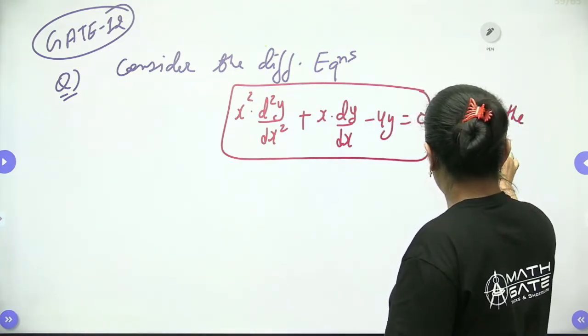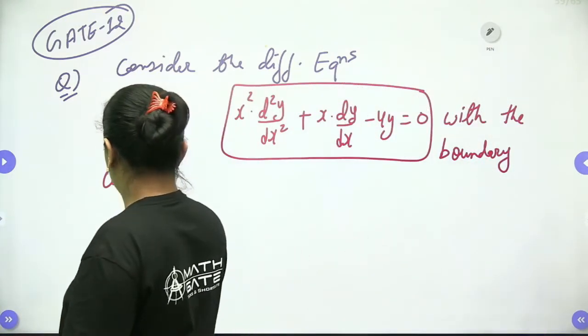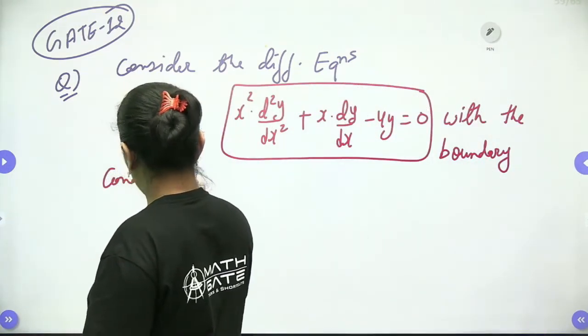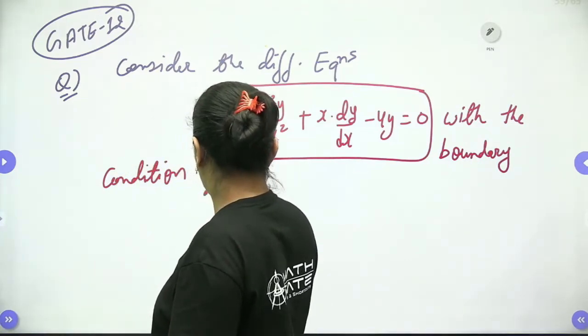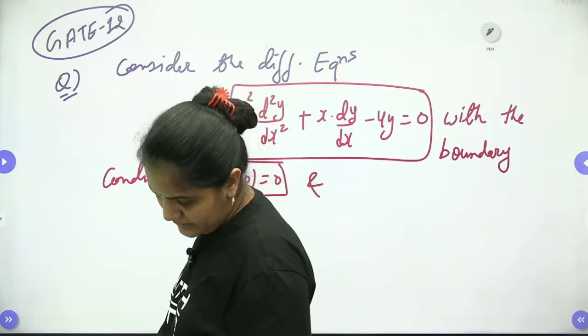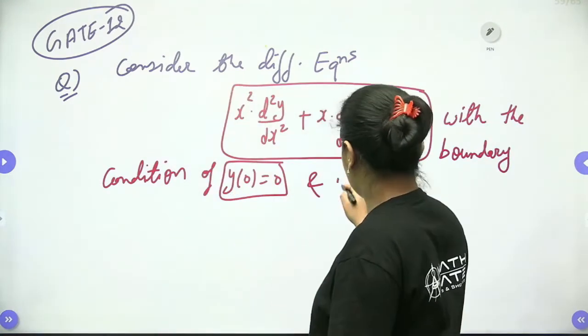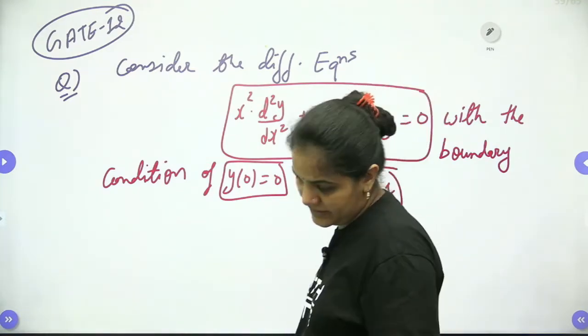With the boundary conditions at x is equal to 0, y is equal to 0, it means y(0) is equal to 0, and y(1) is equal to 1. So we have 2 boundary conditions here.